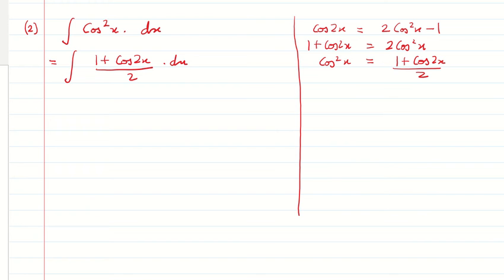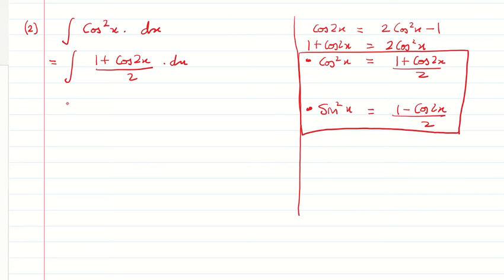In fact, it's important that you learn this up. Your cos square x is 1 plus cos 2x over 2, and your sine square x, as I showed you earlier, is 1 minus cos 2x over 2. So learn these two formulas, which are very useful to deal with your sine square x and cos square x.